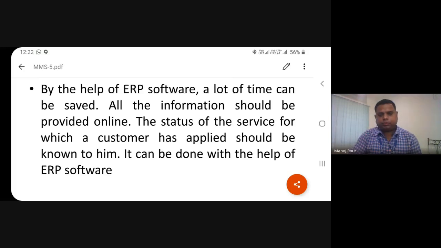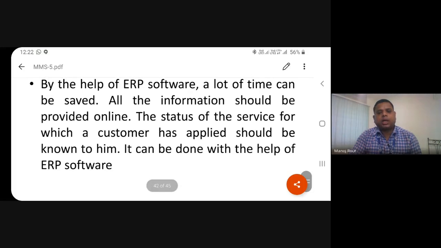With the help of the just-in-time concept, they can directly be concerned with the different cities along with different circle offices, different branches, different ATMs, and the status of their service for the customer that has applied, and that should be known to him. It can be done with the help of ERP software.